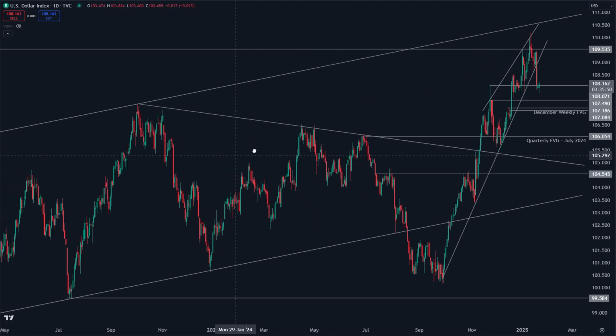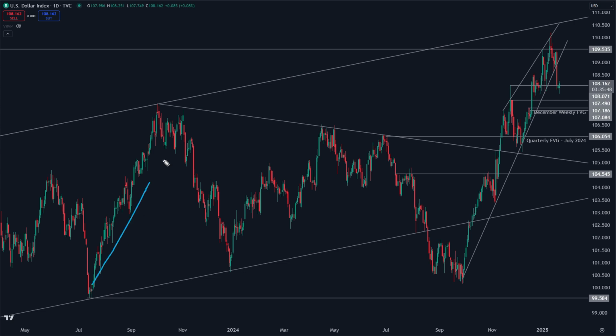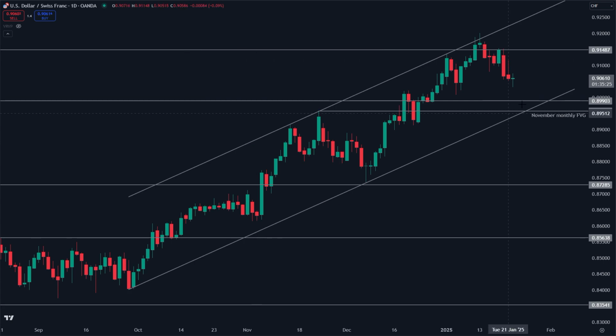And like I said, back here, when you saw this bullish momentum build up, you saw some very aggressive relief rallies before we finally saw the market top out. And there's no guarantee that we even top out up here, guys. But the point is that I don't think we just move straight lower here. Expect some aggressive relief rallies from the DXY along the way. But as always, timing is going to be critical. And that's where something like the dollar Swiss franc and this ascending channel really comes into play.